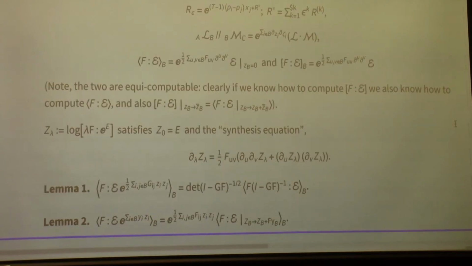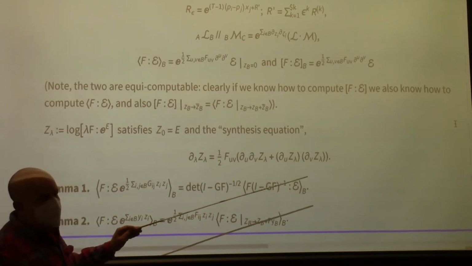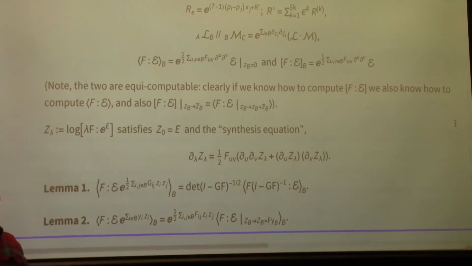A quadratic is quadratic in all the variables, but we're gluing only the variables in B. So if you restrict the quadratic in all the variables to the variables in B, it becomes quadratic plus linear.